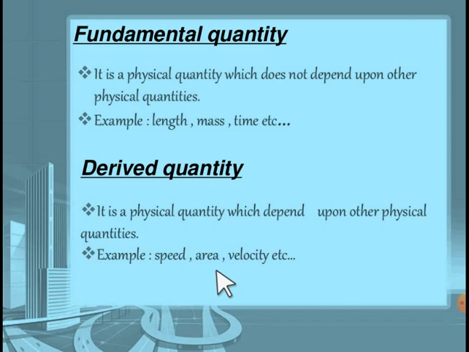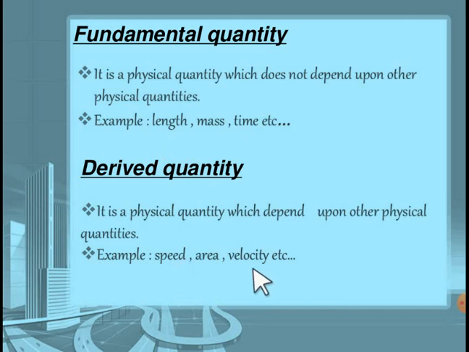So this area is a derived physical quantity, because we require length. Now in the case of speed, distance divided by time, we call it speed. So distance is also length, and time is also one of the fundamental quantities, so we require two fundamental quantities to derive speed.